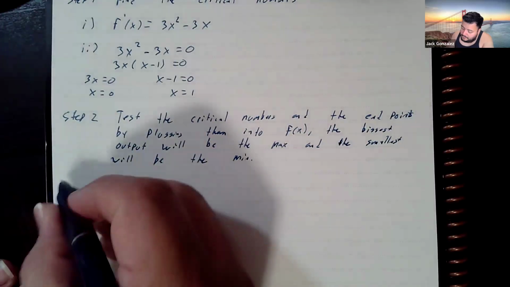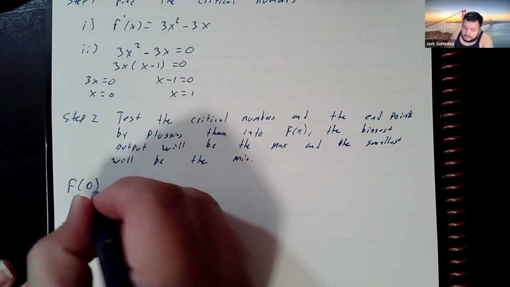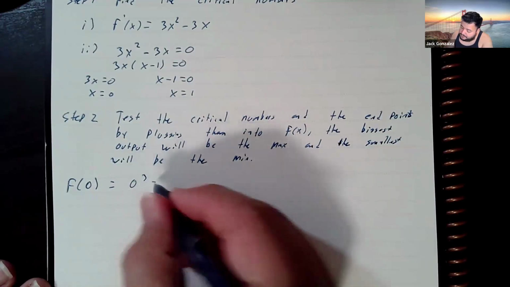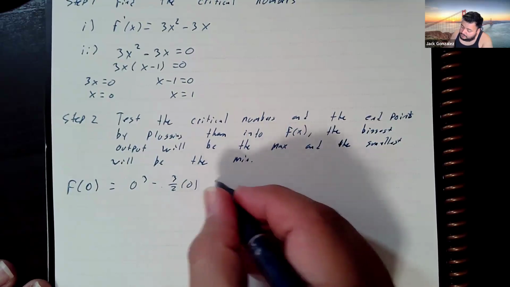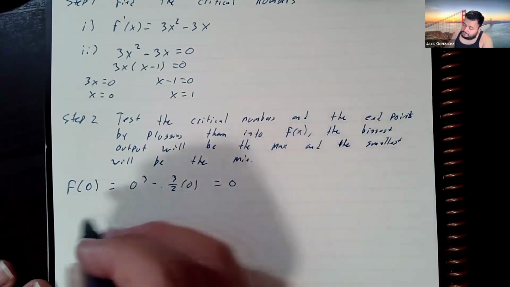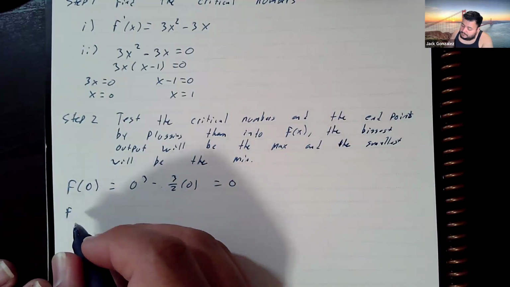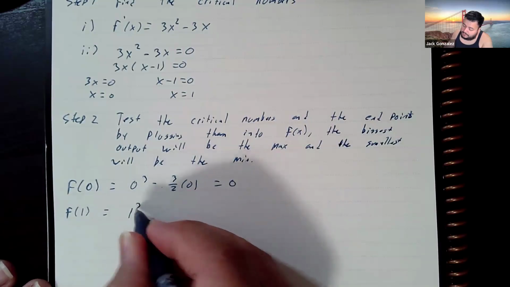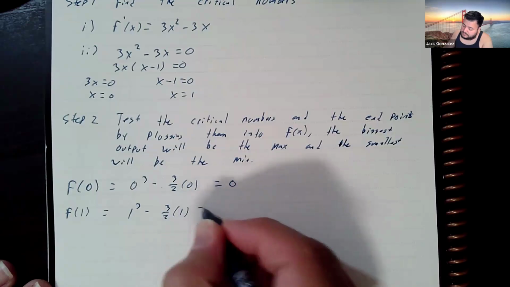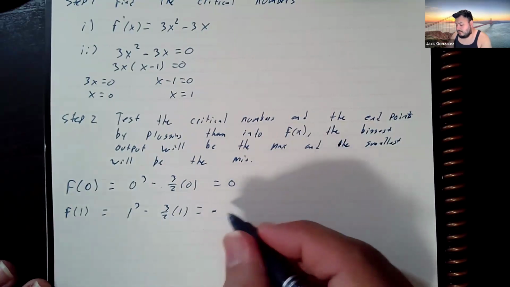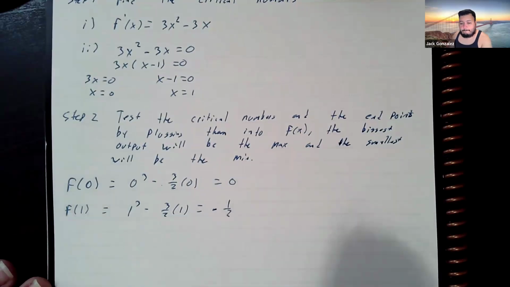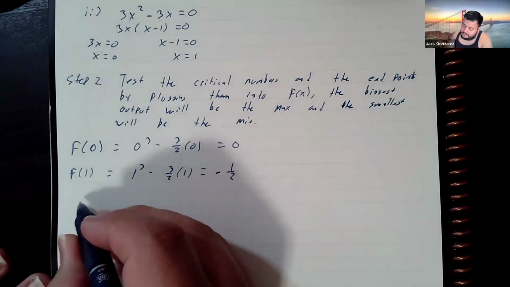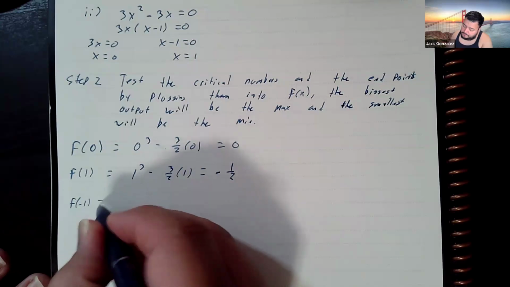All right, so here we go. Plug in 0 into the function because that's one of the critical numbers. That'll be 0 cubed minus 3/2 times 0, which is 0. Plug in 1. That'll be 1 cubed minus 3/2 times 1, which is negative half, right? Now plug in f of negative 1.